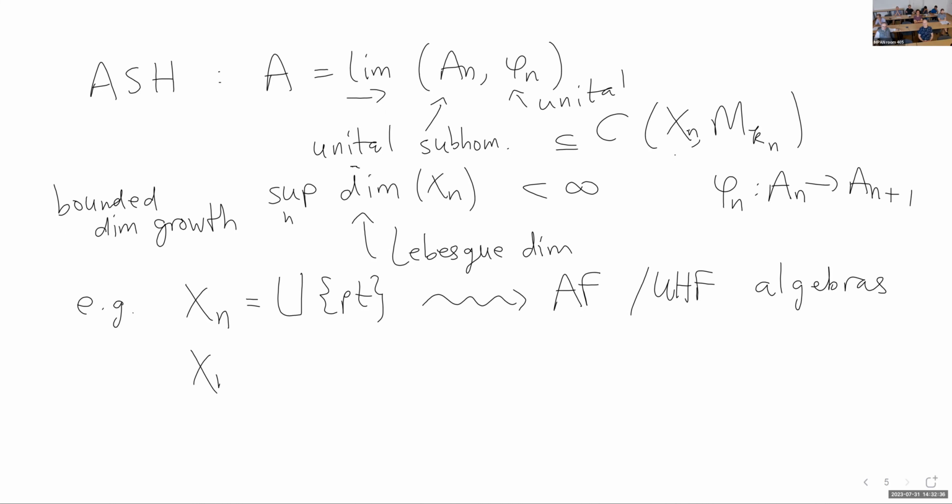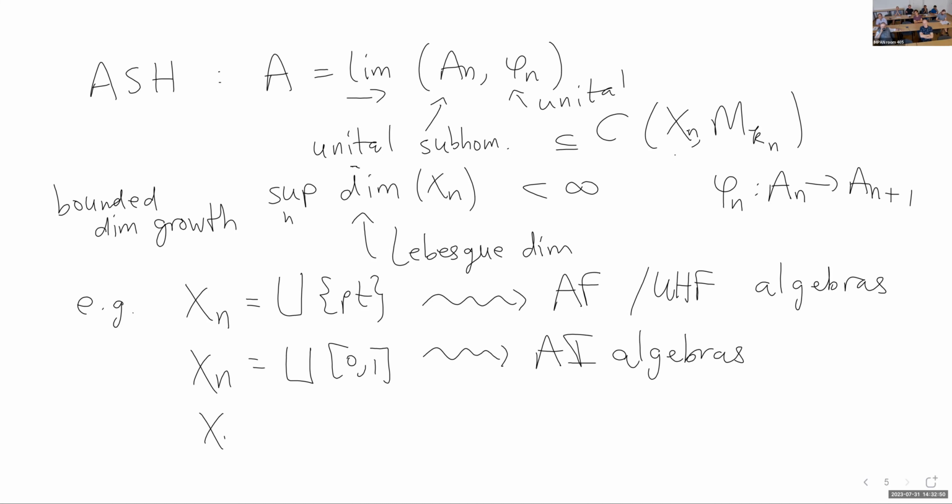If I took Xn to be a collection of intervals, I get what are called AI algebras, approximate interval algebras. These are in the category as well. That's not artificial intelligence. And if I took Xn to be circles, then I get AT algebras.